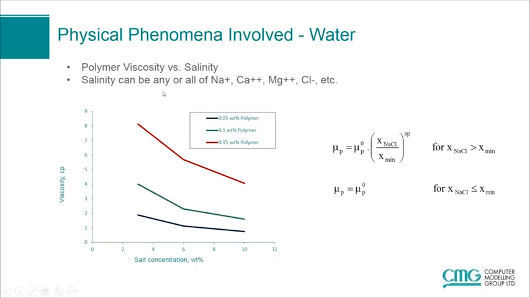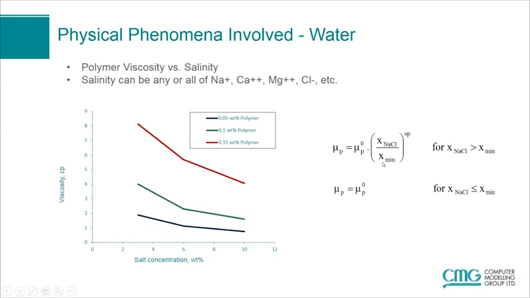Now, in CMG software, you can define salinity to be any or all of the ions that are in the model. Typical ions that we use for salinity are sodium, sometimes calcium, magnesium, chlorine. You can choose any or all of those.